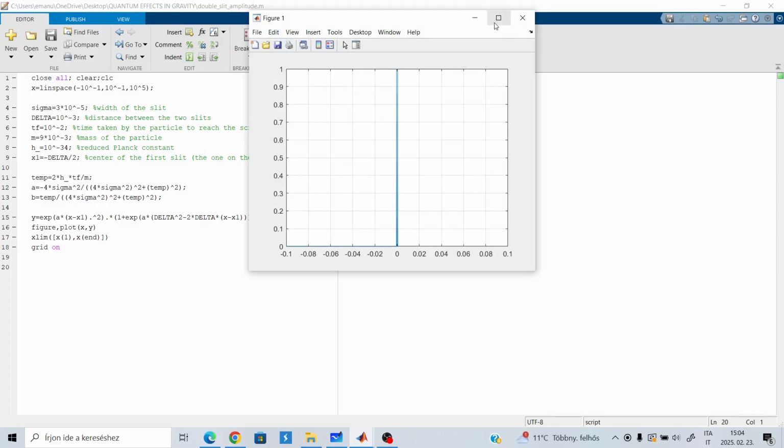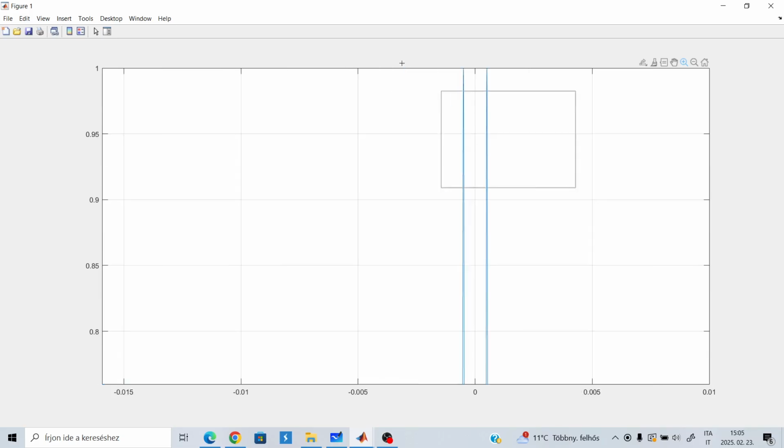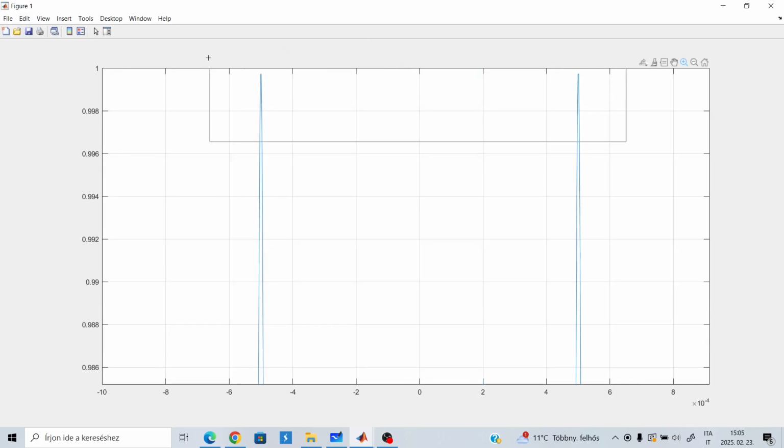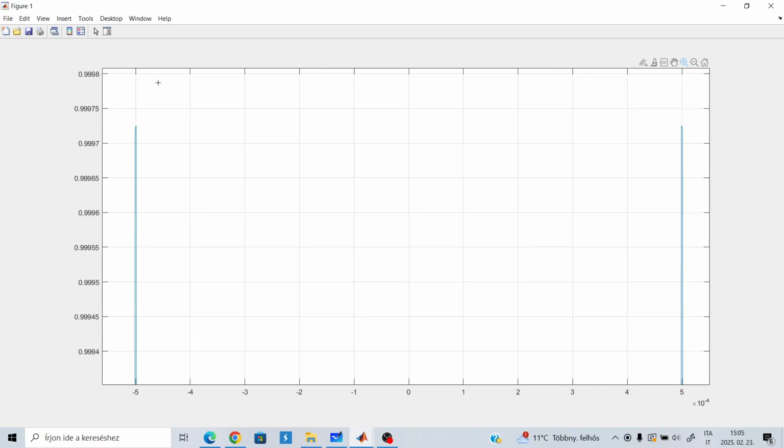If I run the script, you can see that we don't have any interference pattern because we only have two very narrow peaks located at the centers of the slits. So the maximum that we have on the left is located at minus delta over 2.